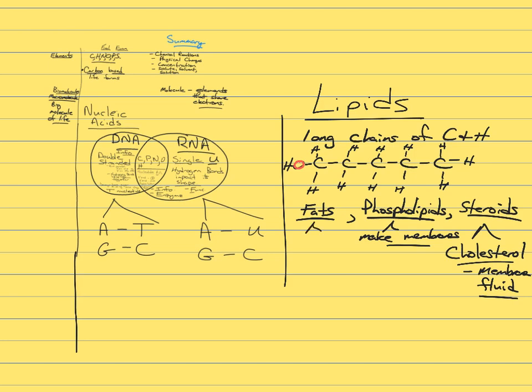And these fats are used for storage of energy. Also, fats can be used for insulation. They can help keep you warm. And of course, there's that physical trauma protection, right?